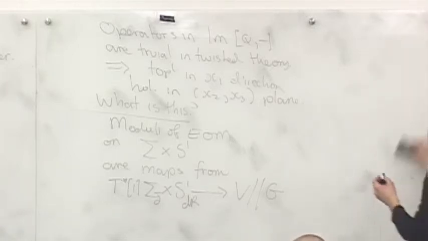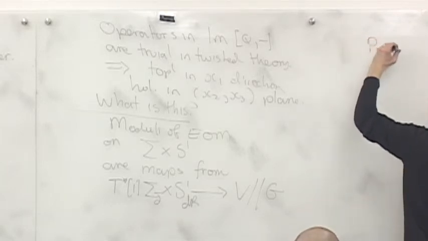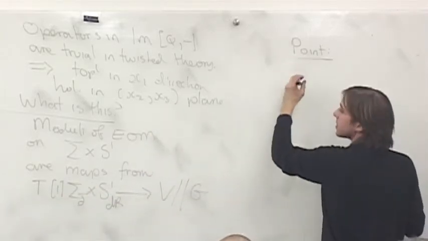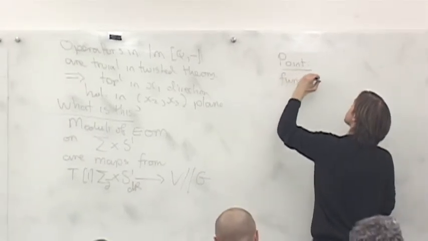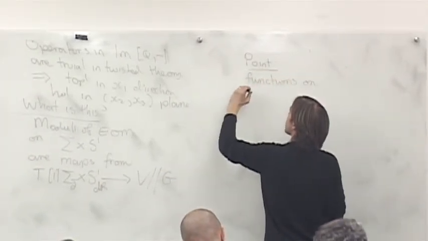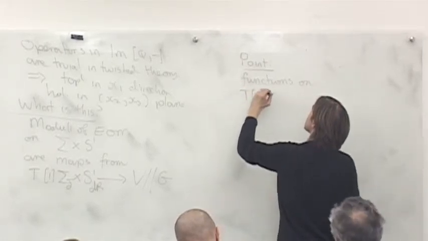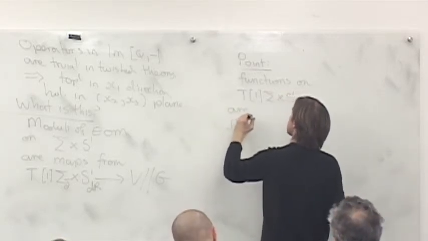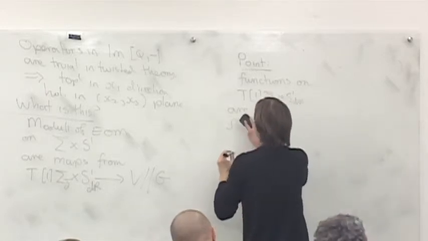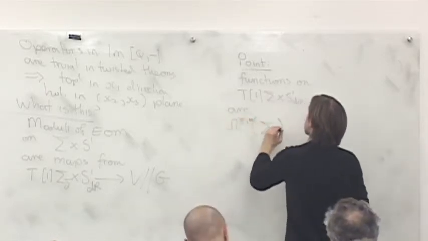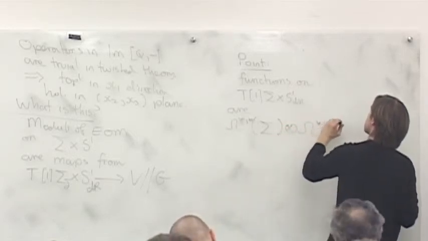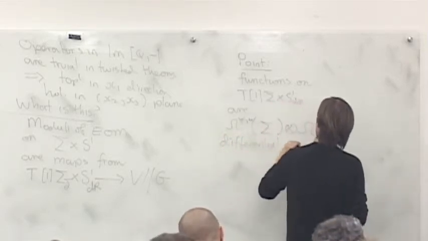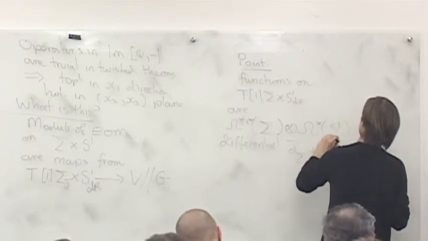So the point is, shifted tangent. The point is that functions on, say, T of 1 sigma across the circle are the Dolbeault complex of sigma, omega star star sigma, tensor the de Rham complex of the circle, with differential which is like a d bar sigma plus the de Rham differential on the circle.